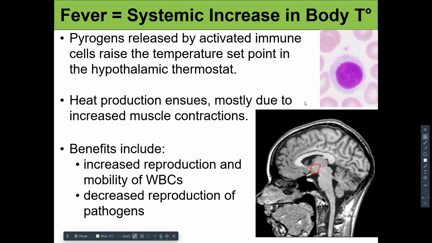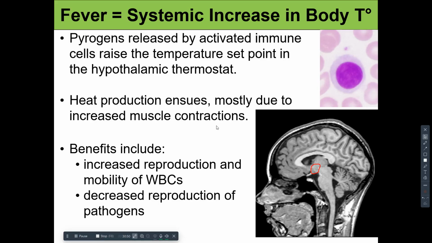It's going to cause your heat pump to turn on, cause your furnace to turn on, so that heat is generated to bring the temperature of your house up. And this is what's going on in our body. When we bump up that temperature set point, we're going to raise body temperature primarily due to increased muscle contractions, but also due to behavioral adaptations like putting on more layers of clothing, blankets, etc.